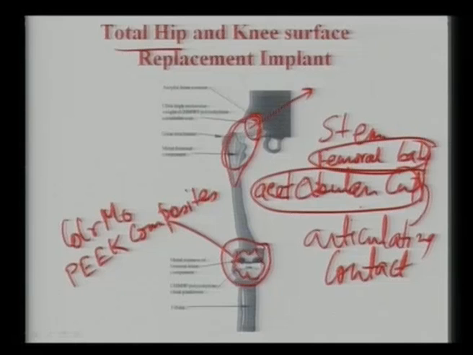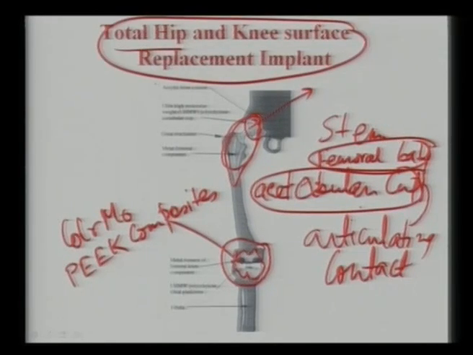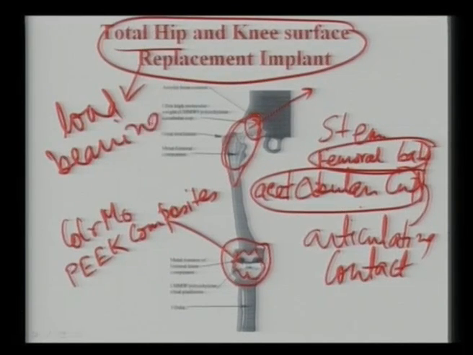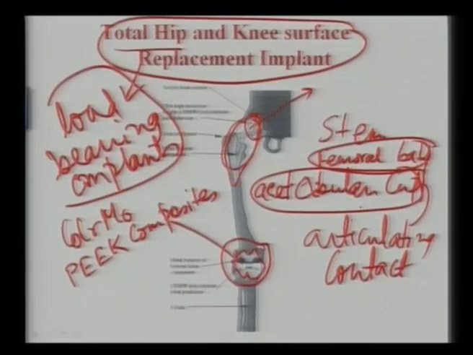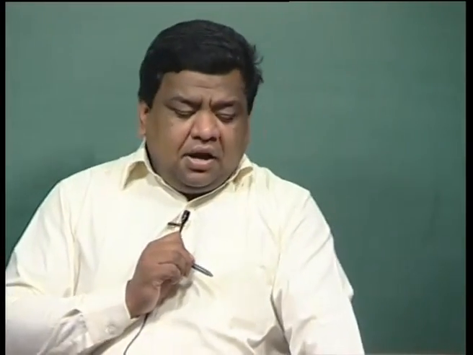So essentially, both total hip and total knee replacement are examples of the load bearing implant. Here, in addition to biocompatibility, mechanical properties are equally important in both the case of total hip and total knee replacement.